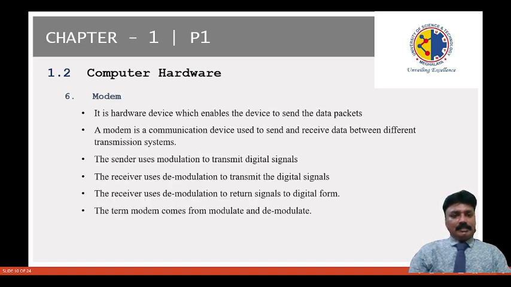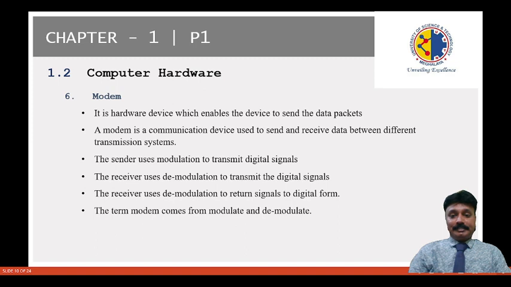The next thing is the modem. That is a very important area. The modem indicates the modulation and demodulation of the signal. It is a hardware device which enables the device to send data packets.